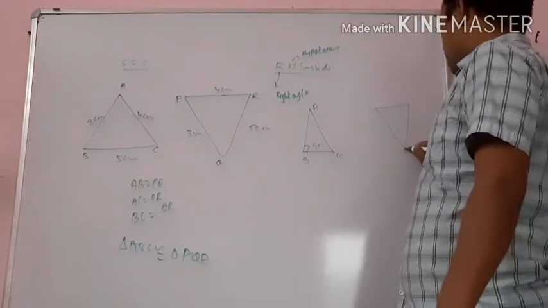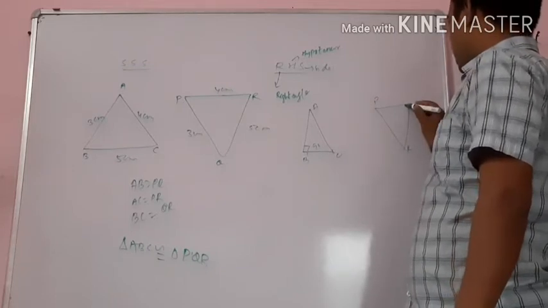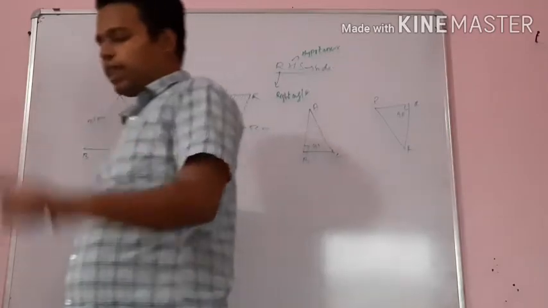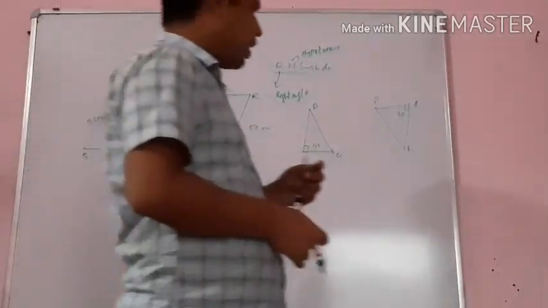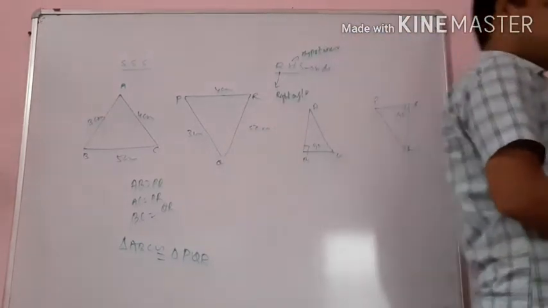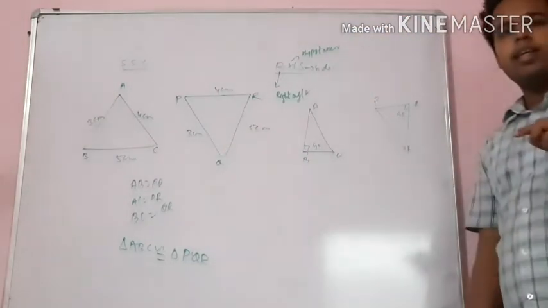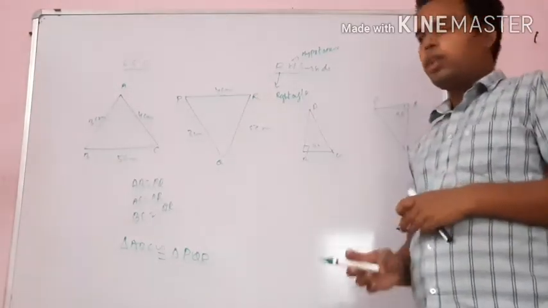Similarly, in triangle PQR, angle Q is equal to 90 degree. So one angle will be 90 degree, the hypotenuse will be equal and one side will be equal. In the case of RHS, a 90 degree angle will be there, one side will be equal and the hypotenuse will be equal.